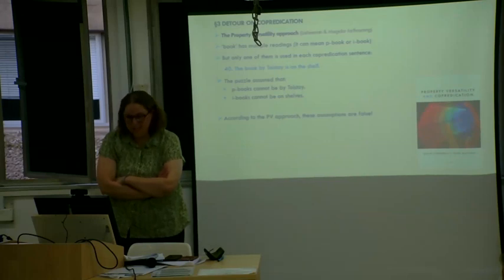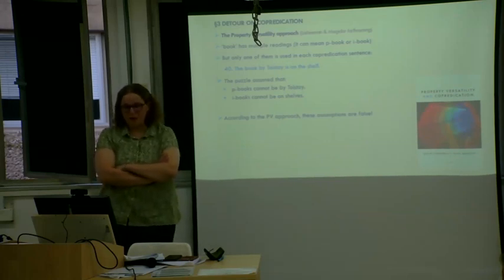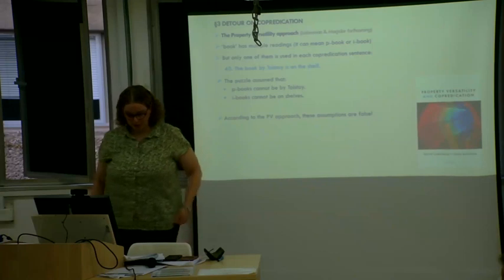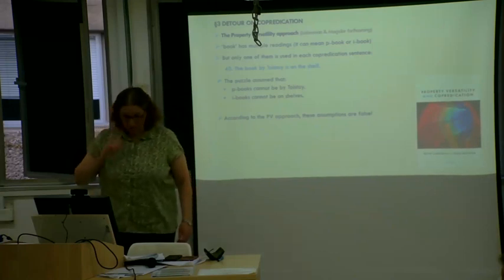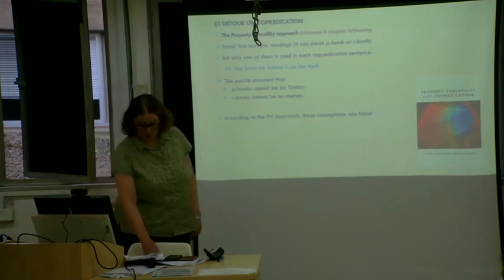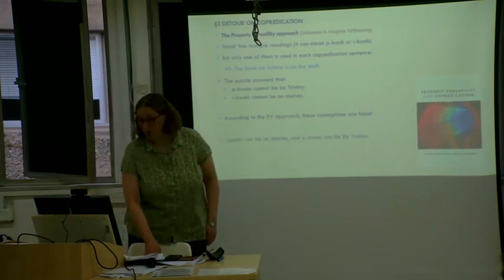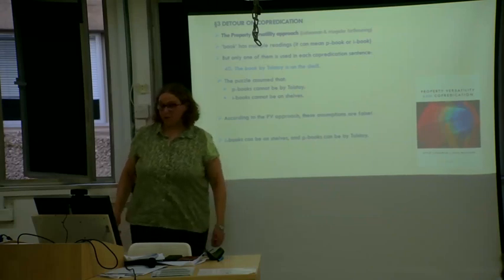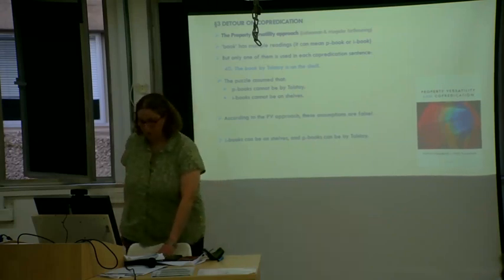So more precisely, we argue that for each case of copredication, there'll be at least one such background assumption that is false. For this particular case, we happen to think that both of the assumptions are false. So it's both true that informational books can be on shelves and true that physical books can be by Tolstoy.